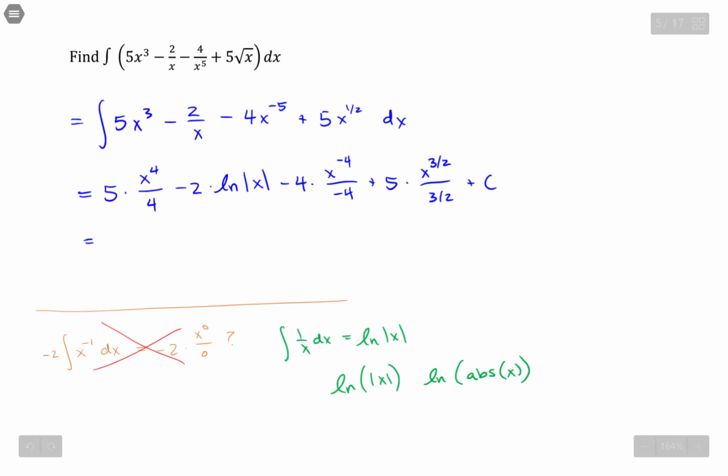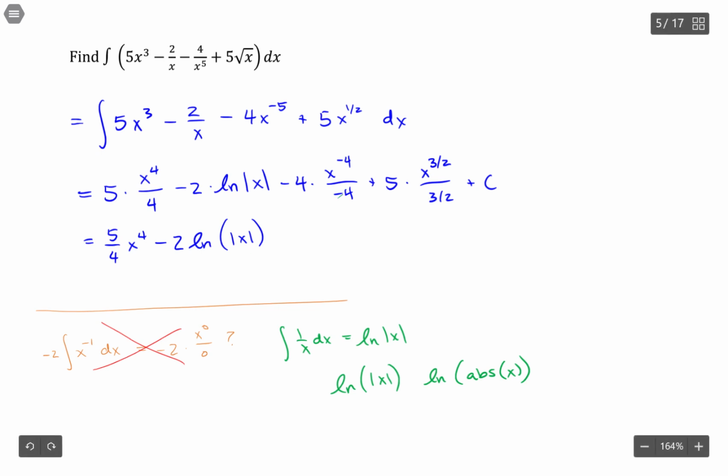So going through and just cleaning things up, I can rewrite this as 5/4 x to the 4th power minus 2 natural log, and as I said, in your homework make sure you type in the natural log with parentheses around your argument.